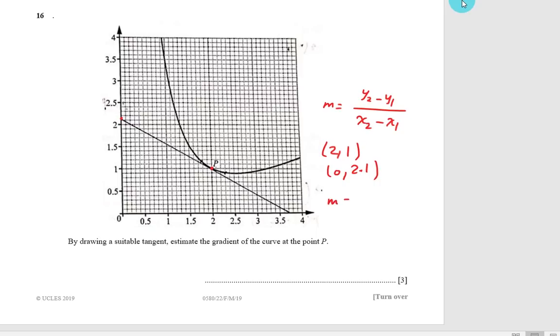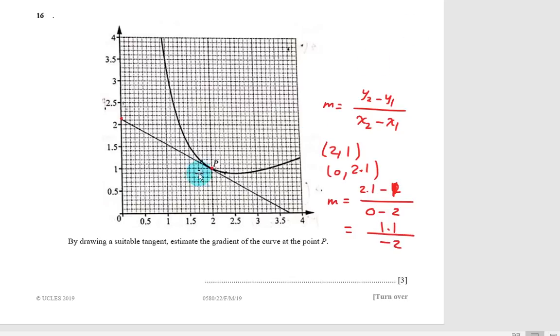So the gradient now is equal to 2.1 minus 1 divided by 0 minus 2. So it will be equal to 1.1 divided by minus 2.